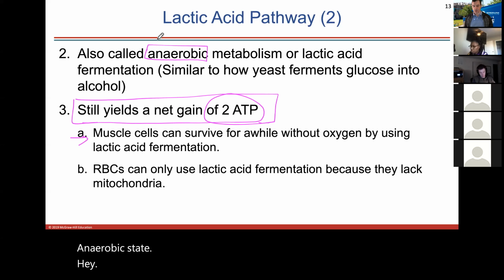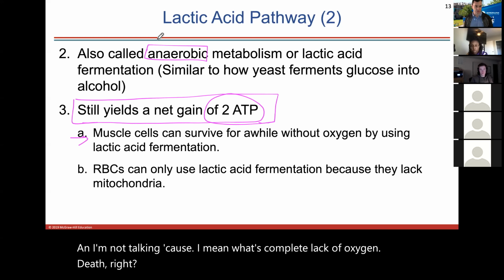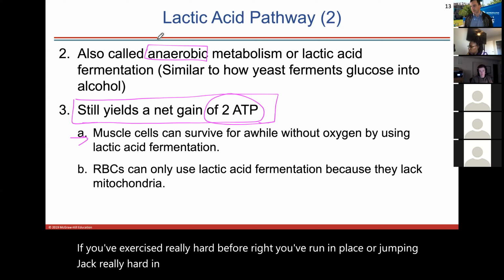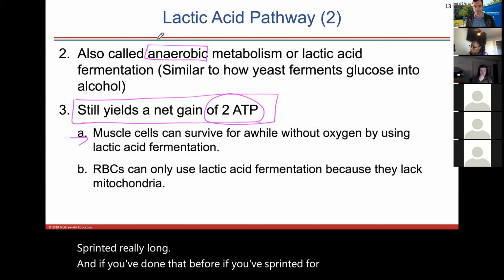And I'm not talking about a complete lack of oxygen, because what's that? Death, right? If you've exercised really hard before, if you've run in place or done jumping jacks really hard, or sprinted really long, if you've sprinted for 30 seconds, you slow down.